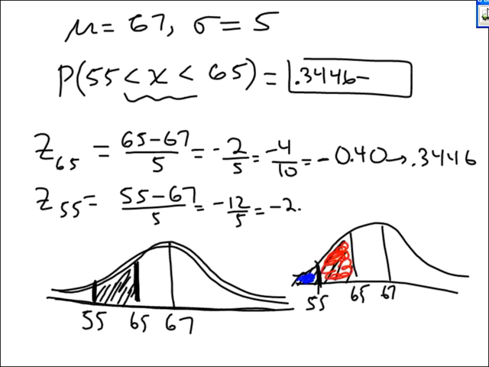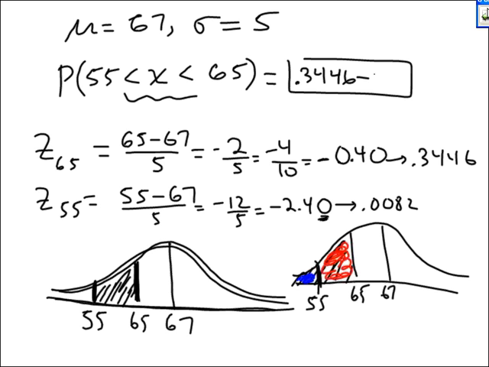Use your calculator, you get negative 2.40, which is still a negative number, so you go to the negative z-scores still. You go to negative 2.4 in the left column, and you go over to the 0 column, and you'll see 0.0082. That's the blue area.